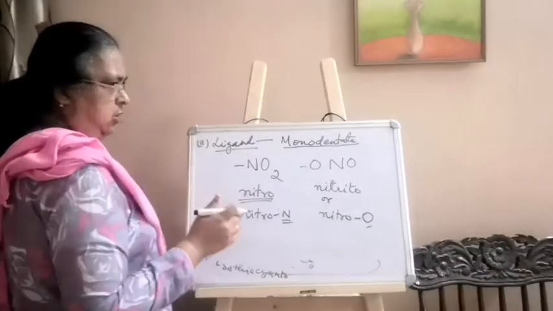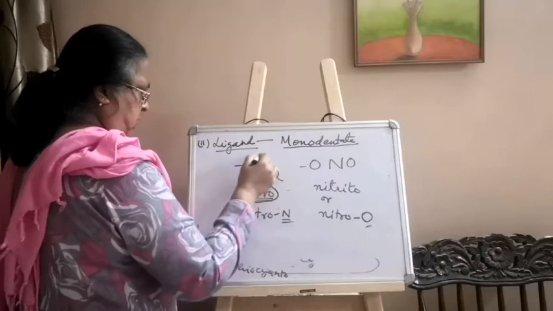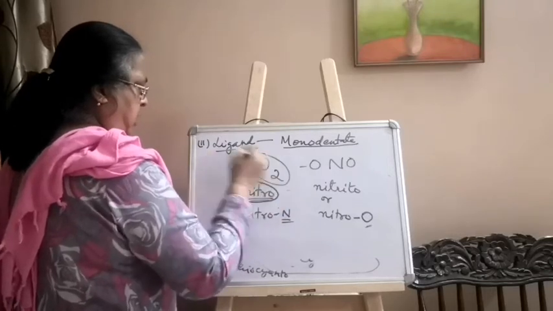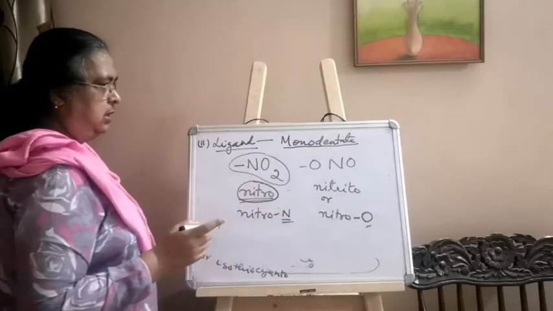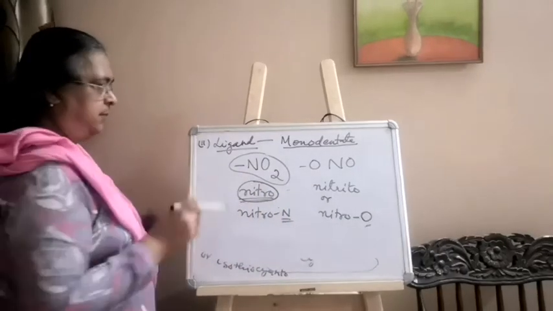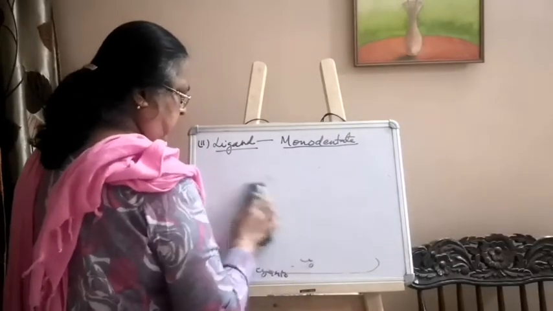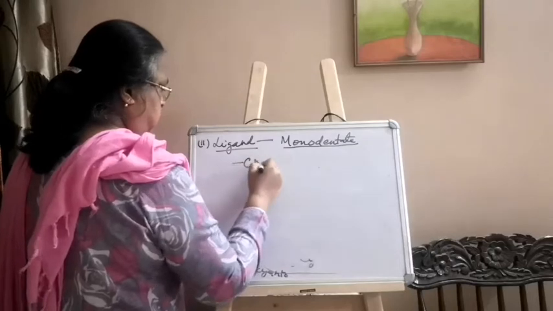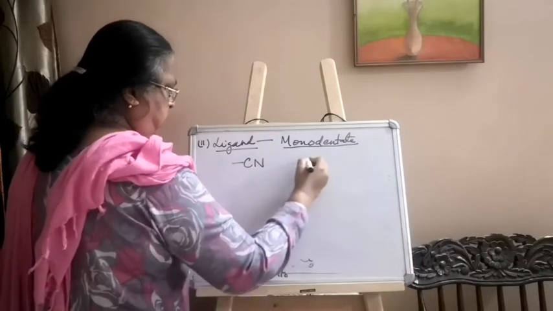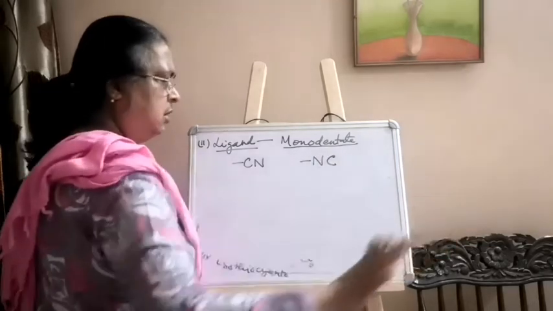Remember that in your book, I have seen that for NO2 the name given is nitrito. It is a printing mistake, so be careful when you read examples from the book. This is the second example of ambidentate, which is quite often given, and the third is cyanido and isocyanido.